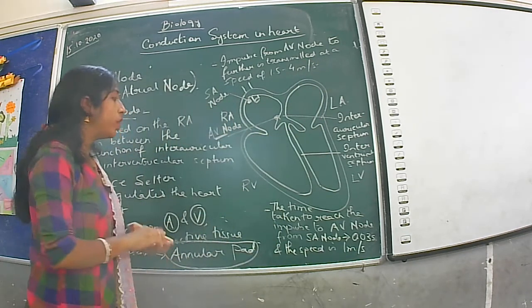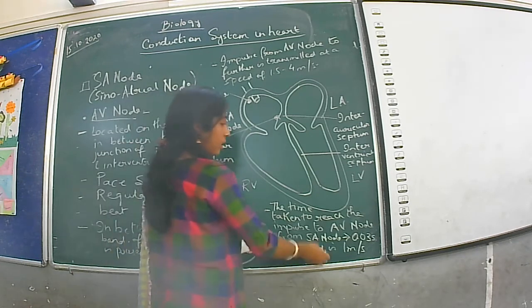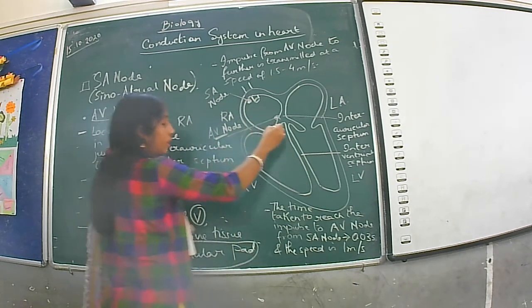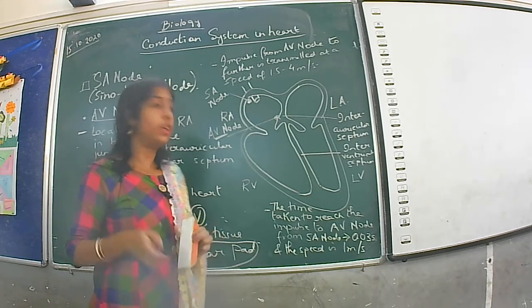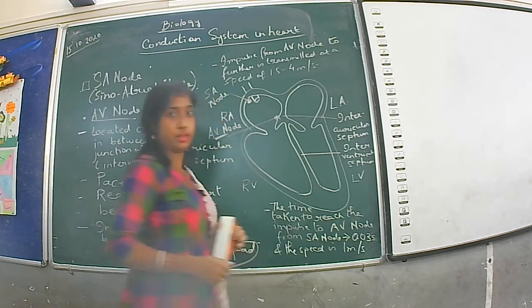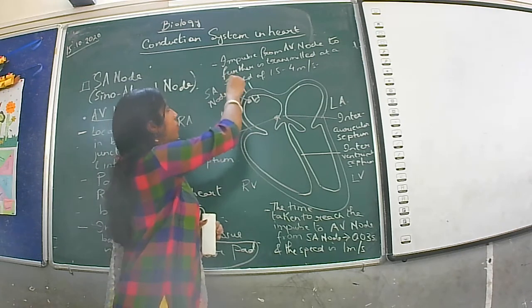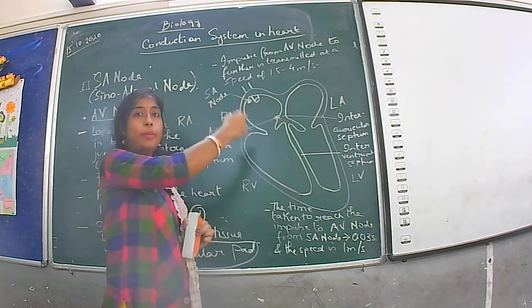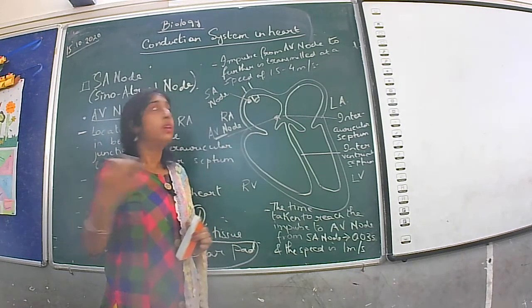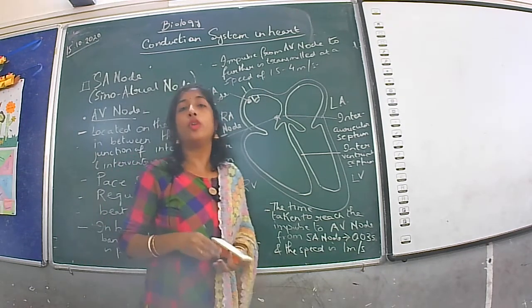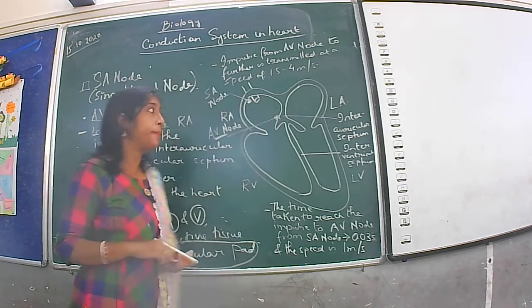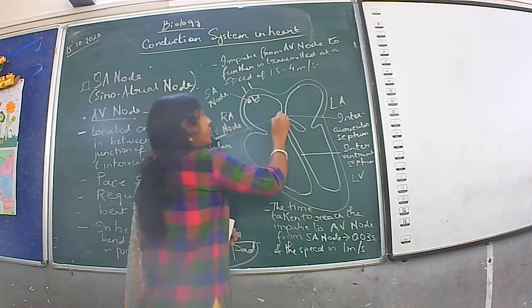Here what did I say? From the SA node to the AV node, the transmission of impulse was at 1 meter per second. But from the AV node, when the impulse is transmitted further, it is at 1.5 to 4 meter per second.